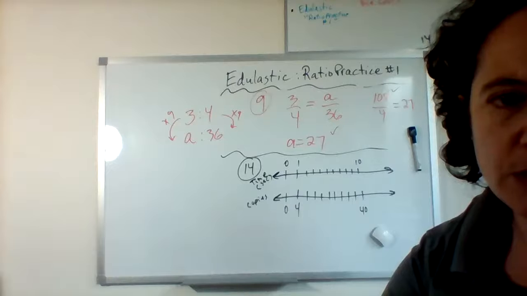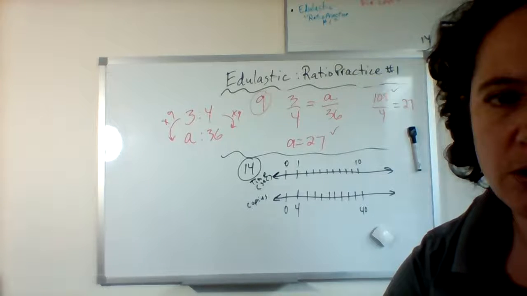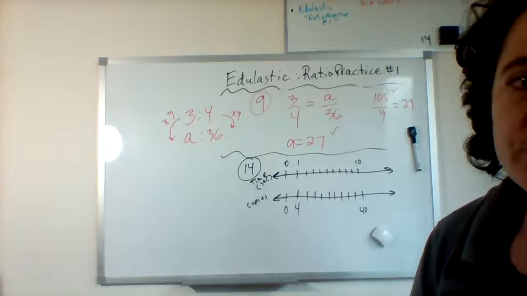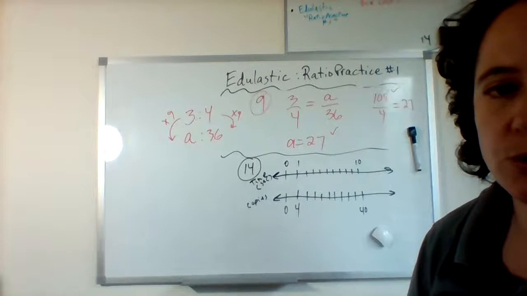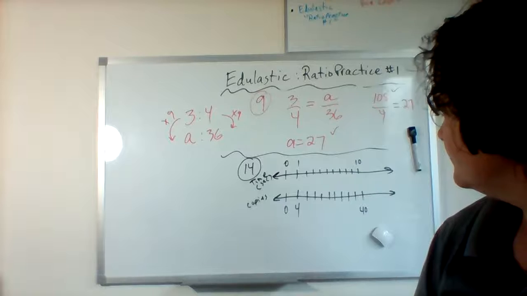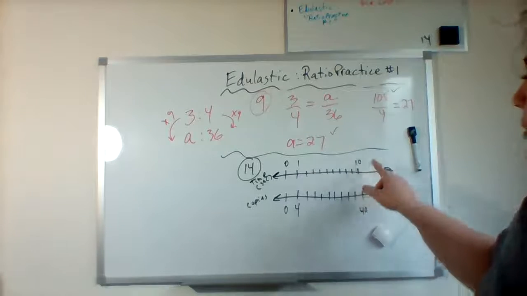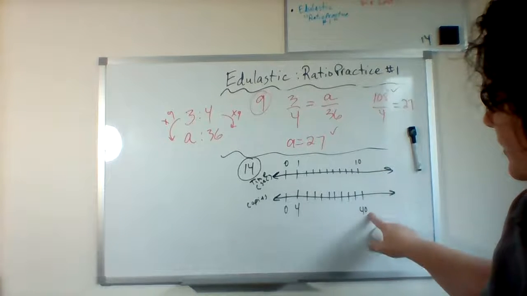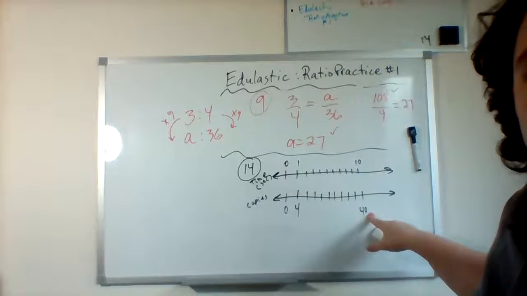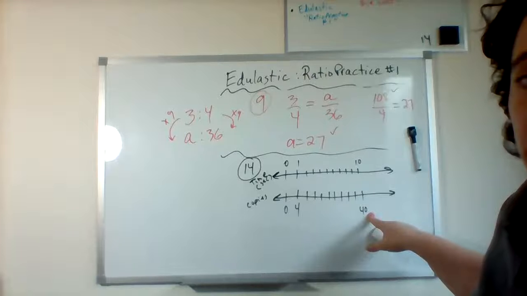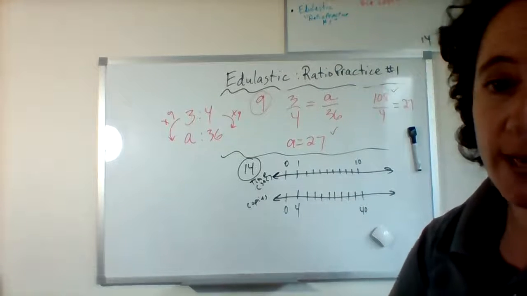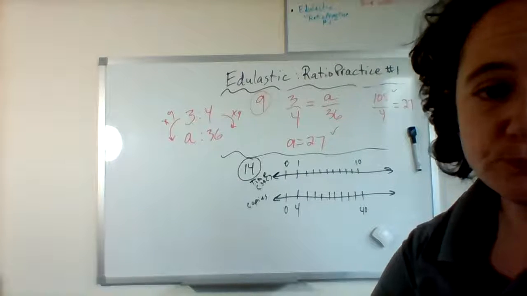So right now B looks good, but look at A. A has them reversed, and that's not true. If I multiply this by 4 to get to 40, I have to multiply 40 by 4, and that's definitely not 10. So A and D are automatically off the table here as possible answers.